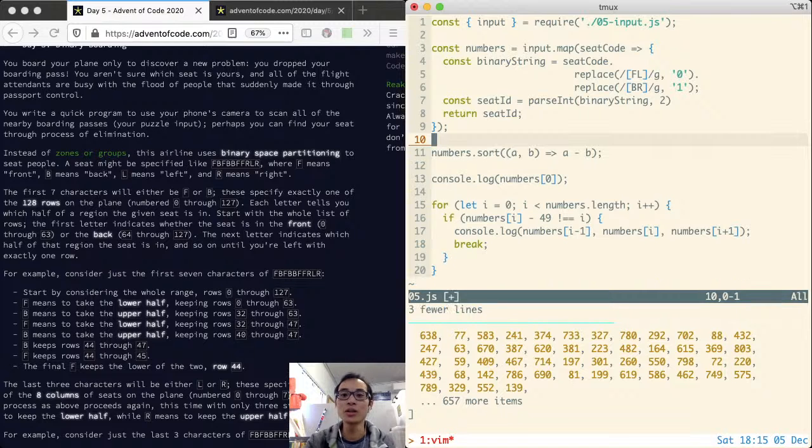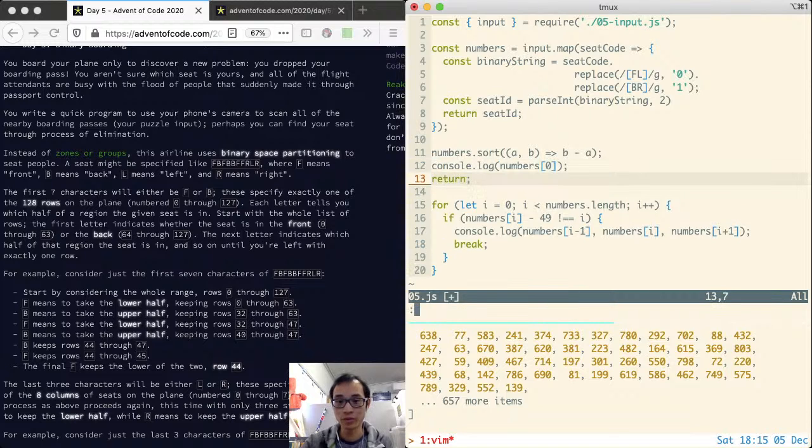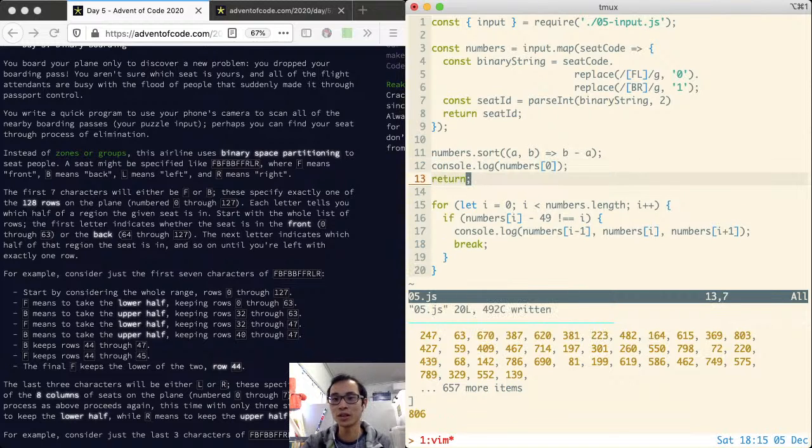And because it's unsorted, and the question asked us what was the greatest number, I sorted it in reverse order, and I logged the first number, which would have given us the greatest number, 806. Some programming languages have a function called .max, which would do that for you.